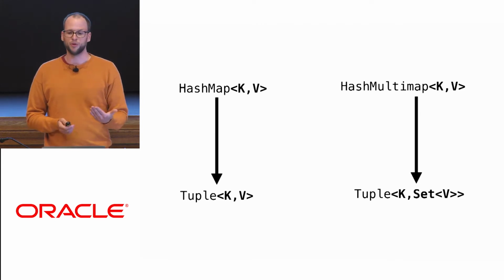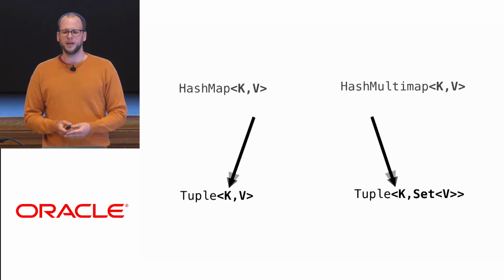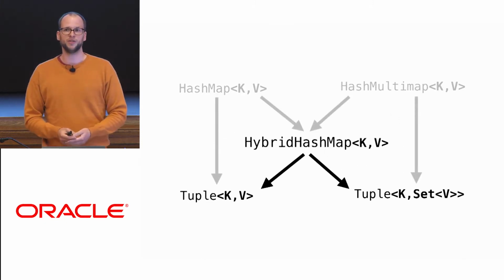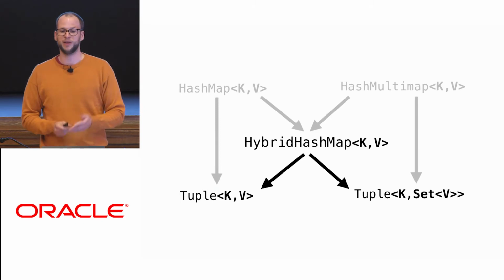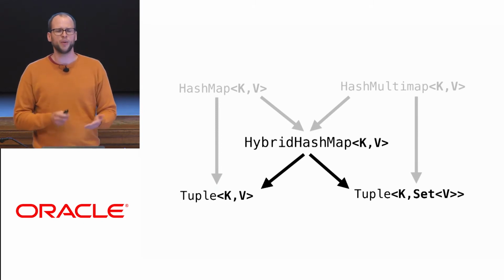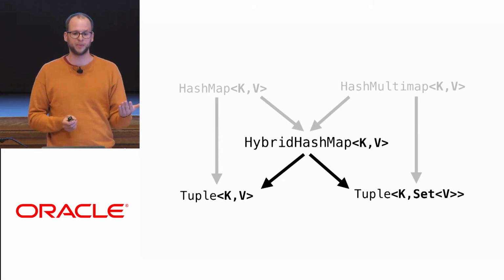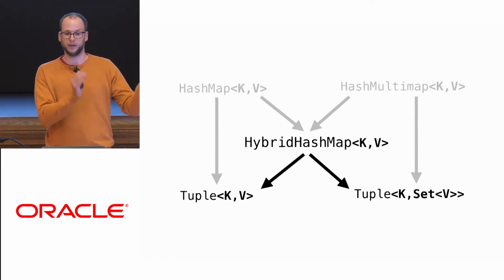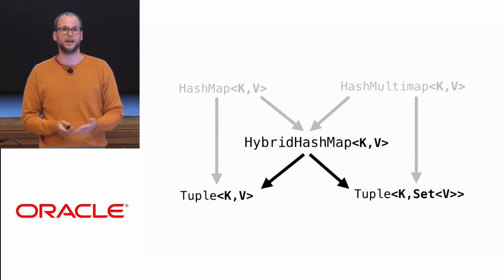So another possible solution is, instead of having two implementations, a dedicated hash map and a dedicated hash multi-map, why not have one kind of hybrid data structure that can adapt to its content and be a hash map and a multi-map at the same time?